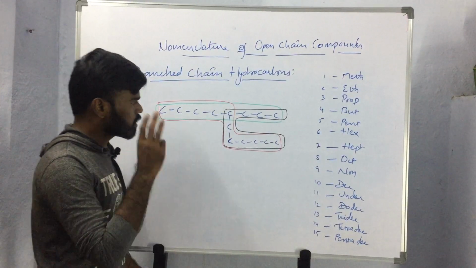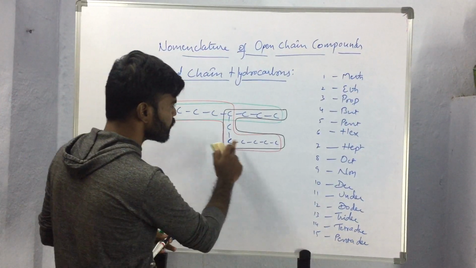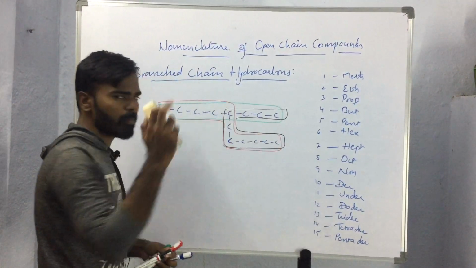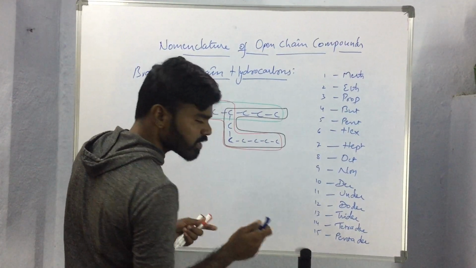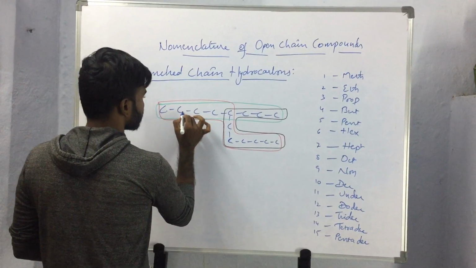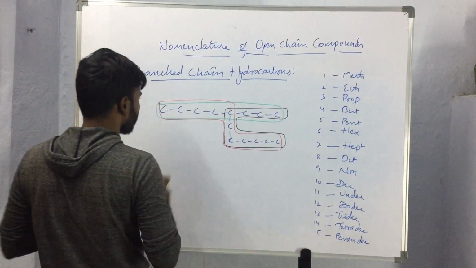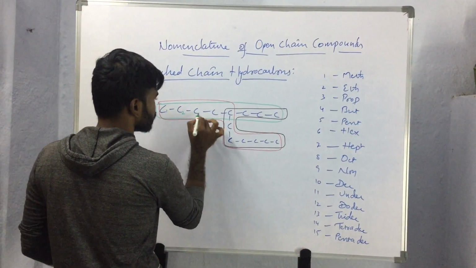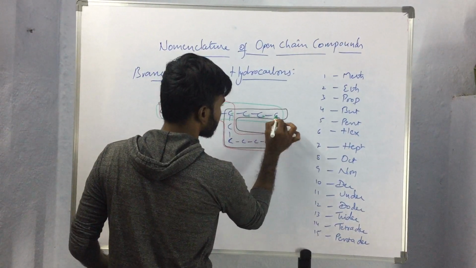So a total of 3 possibilities are there. So 3 continuous chains we can make. Let us count the number of carbon atoms. I will write with the ink only. 1, 2, 3, 4, 5, 6, 7, 8.